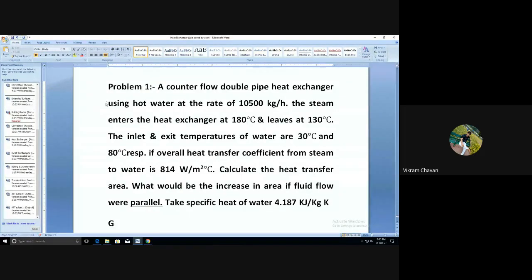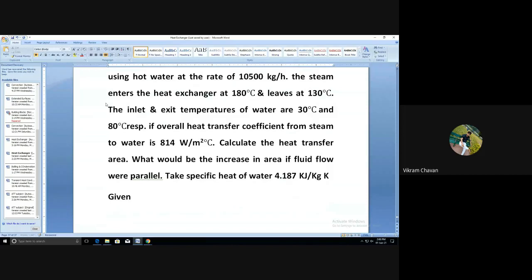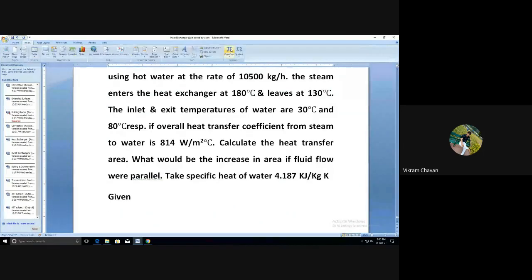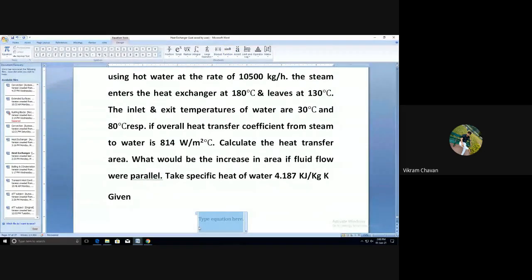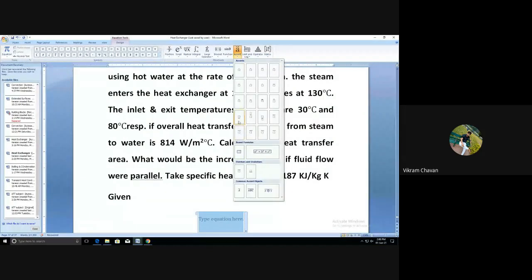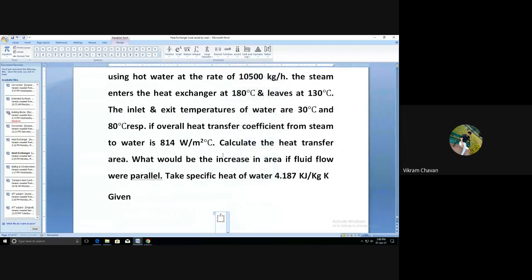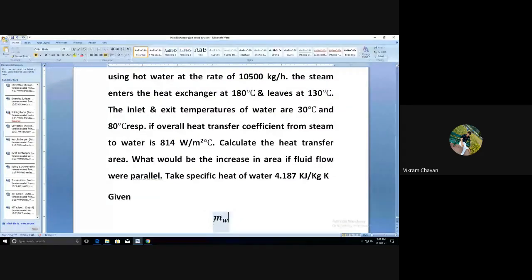So here you can write the given data. First of all, they have provided the mass flow rate. So we can say that m dot w is equal to 10,500 kg per hour.